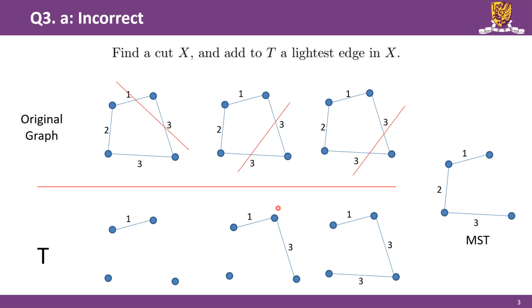Maybe we will pick this edge, and next time we still use the same cut because we don't have any restrictions on choosing a cut. Then we will form this minimal spanning tree, and this is different to the ground truth minimal spanning tree. So this is an intuitive counterexample.